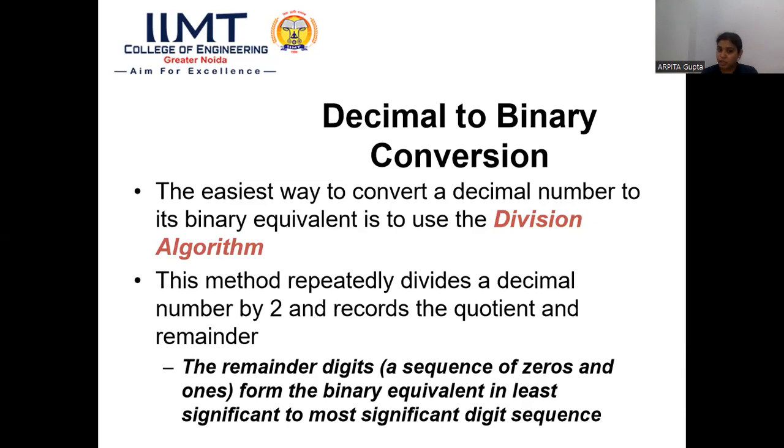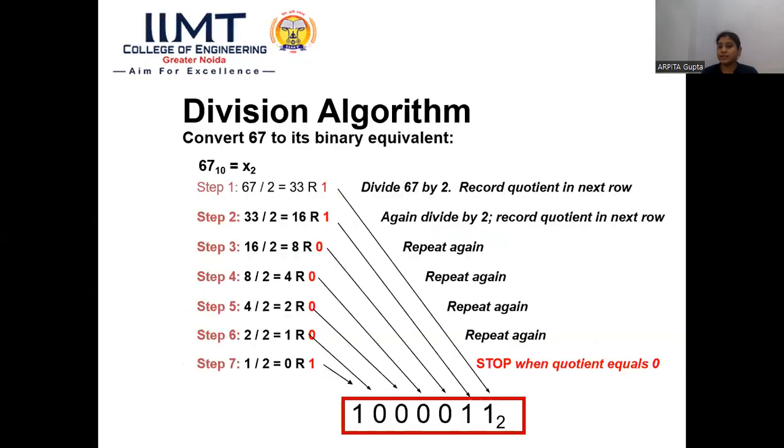In the division algorithm, the method repeatedly divides a decimal number by the base and records the quotient and the remainder. This is an example: convert 67 to its binary equivalent.